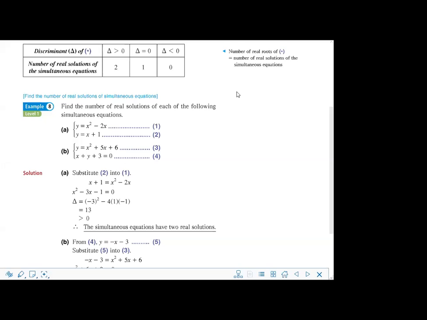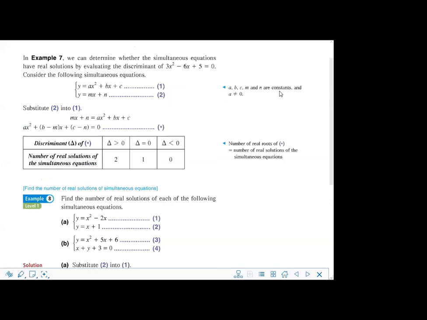Delta, the formula for delta is b squared minus 4ac. And then you do the calculation on the value of delta. And then if it is a negative number, then you will conclude that there will be no real solution, okay? But how about the other two cases?